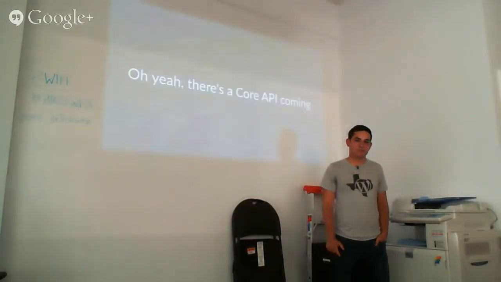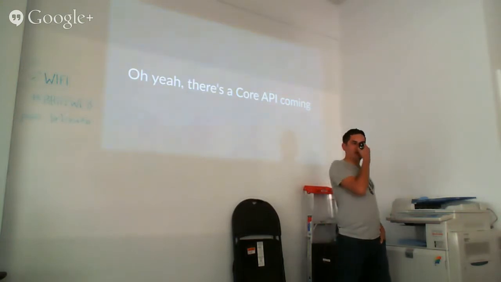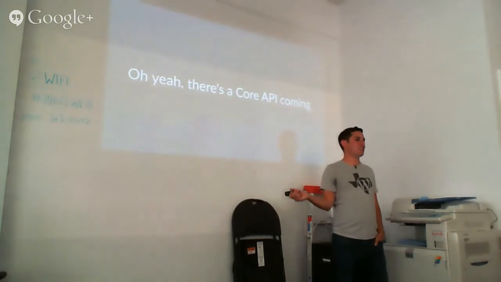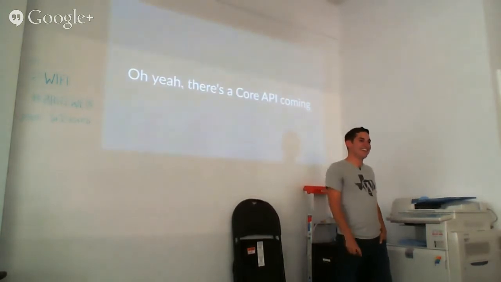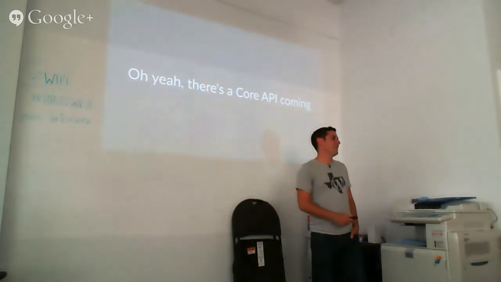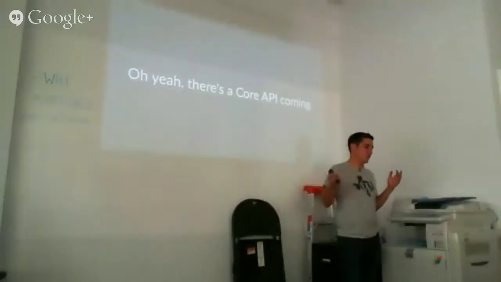Some of you may have heard that there's a core API coming. It's slated for WordPress version 4.1. And it's basically completely incompatible with everything I just showed you, which is a sad bummer, but we're going to try to make them work together.